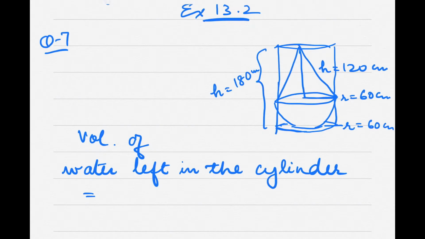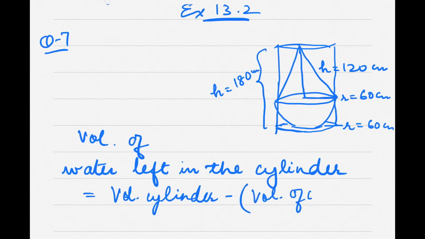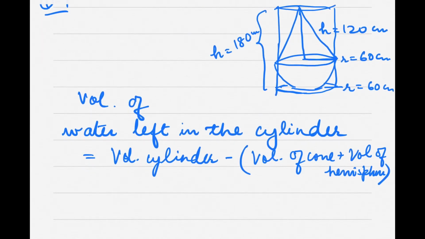So first the volume of the cylinder, and then I have to subtract the volume of cone plus volume of hemisphere. That will be the volume of water left in the cylinder, because there is the total volume in the cylinder, and then I have to subtract the volumes of cone and hemisphere.